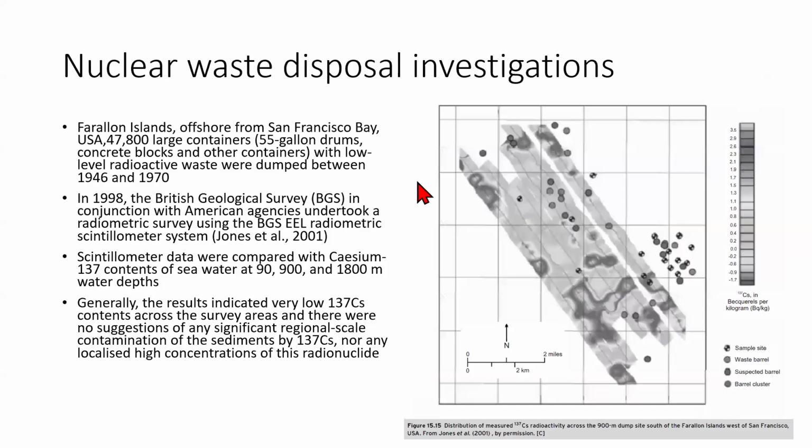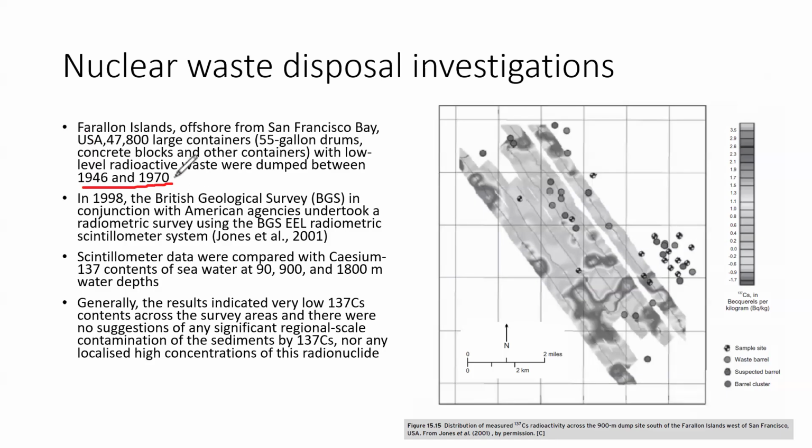You also have here an example. In the US, they have a lot of nuclear wastes from weapons and nuclear power. One of their dump sites for nuclear waste is the Farallon Islands, just near San Francisco.